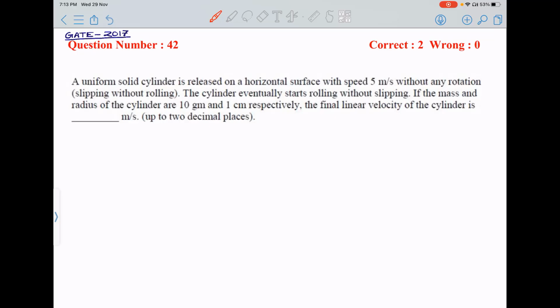So let us solve the problem. So if I make a diagram, this should be that. Let us consider this as a horizontal surface.